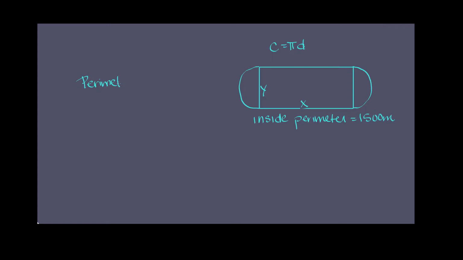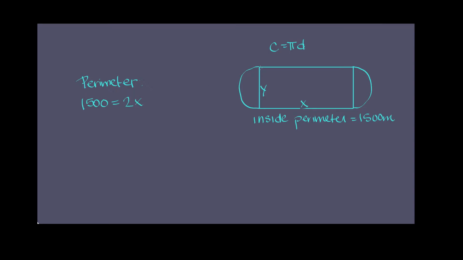So let's take a look. We know that the perimeter is 1,500 meters, so we need an equation that says 1,500 equals some algebraic expression. The 2 straight edges of the track are the 2 x sides of the rectangle, so we have 2 x's.